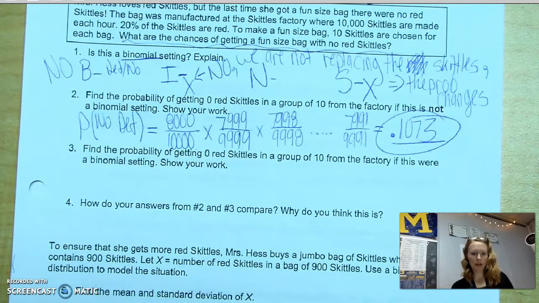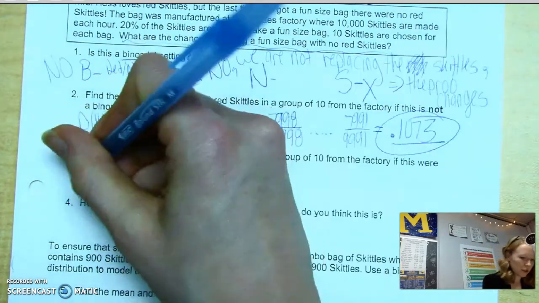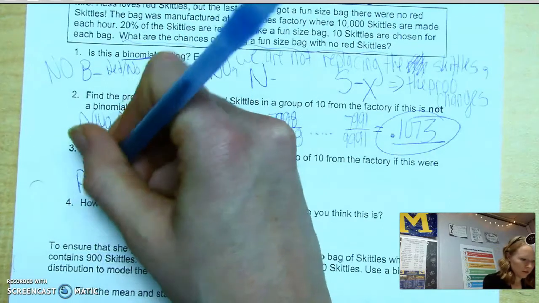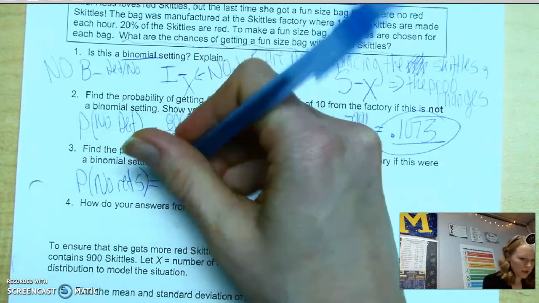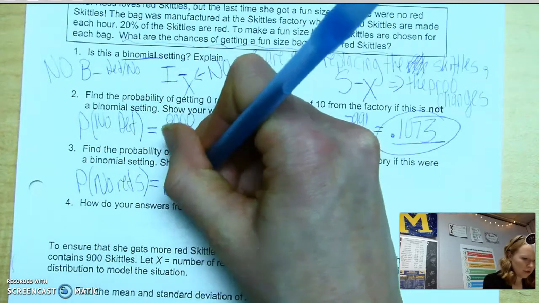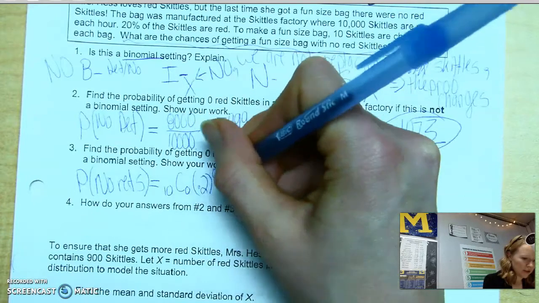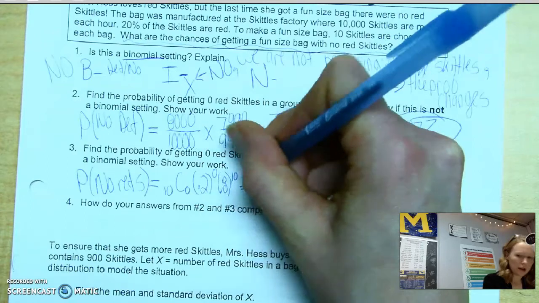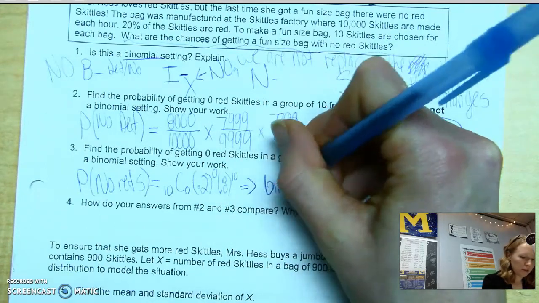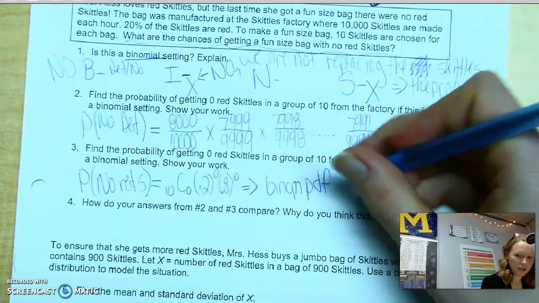So find the probability of getting no red Skittles in a group of 10 from the factory if this was binomial. If we were going to show our work, we could either do this with 10 trials and choosing 0 reds, so the probability of a success, having 0 successes and 10 failures. Or I could use my binomial PDF because we're looking for a precise number of Skittles.